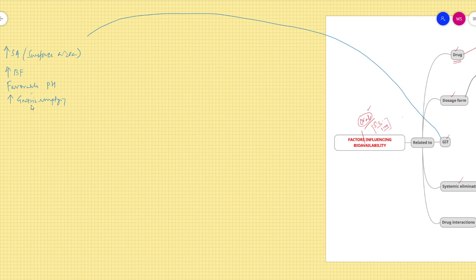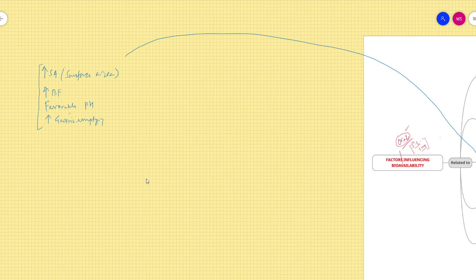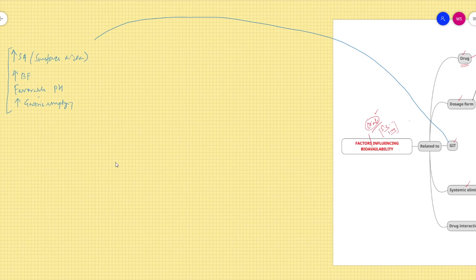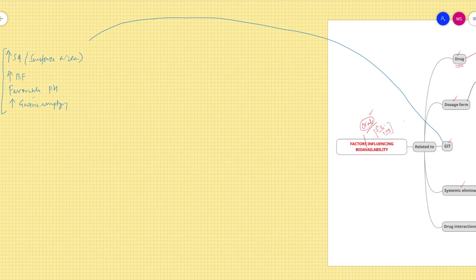Cholinergic drugs can increase gastric emptying, or there can be some physiological conditions which may increase gastric emptying, which might decrease the gastric transit time, and that might interfere with bioavailability. So these would be the factors increasing bioavailability.